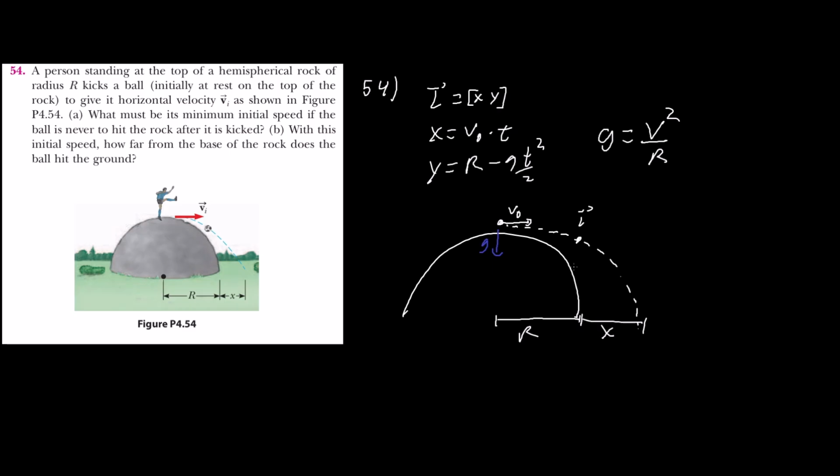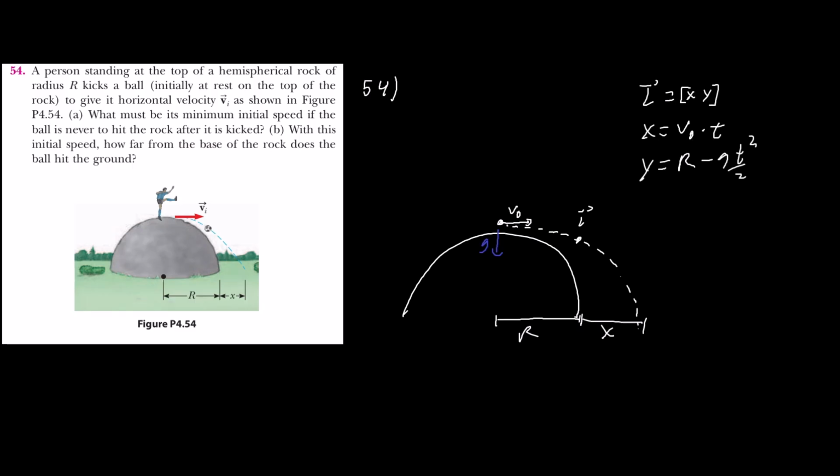So that is the answer to part A. It's a very intuitive problem, believe it or not. So let's find that speed. The speed is really just going to be g r. So the answer to part A is v is the square root of g times the radius.